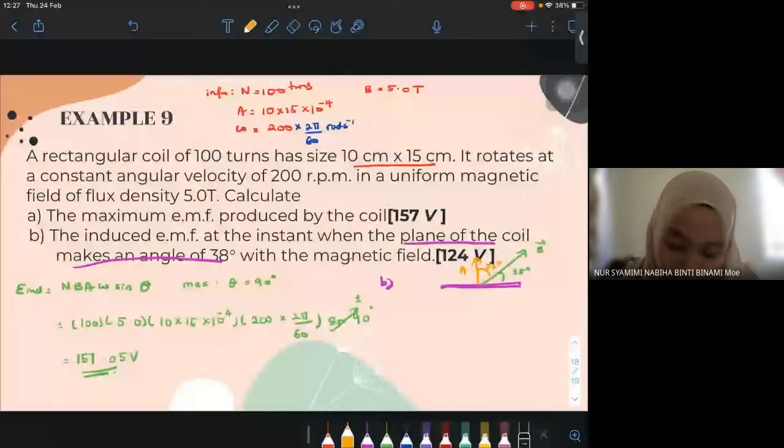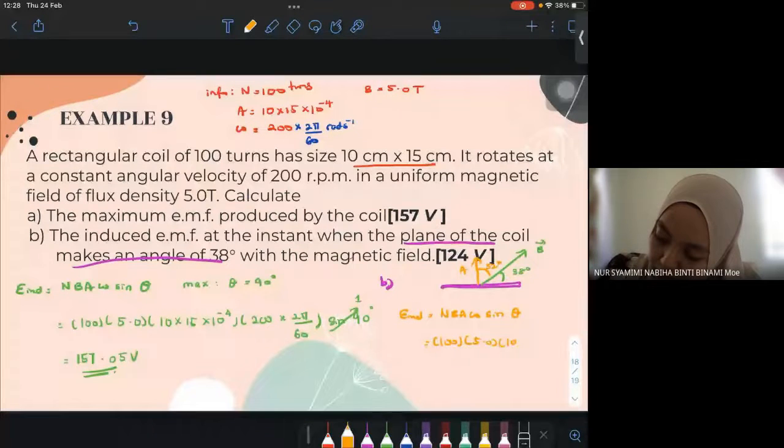So we are using the same formula. E induced equals NBA omega sin theta. So N is 100, B is 5, area is 10 times 15 times 10 to the power of negative 4.